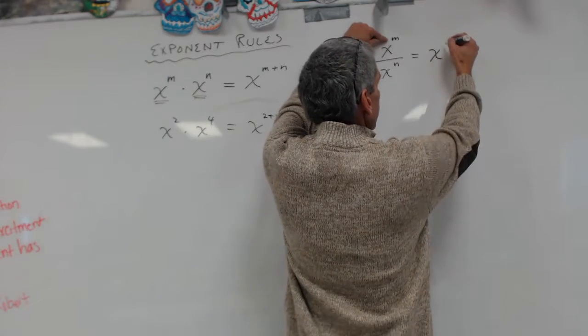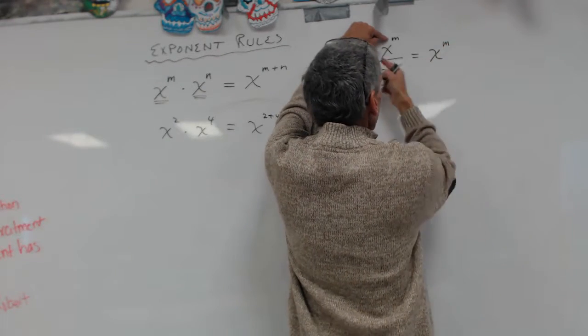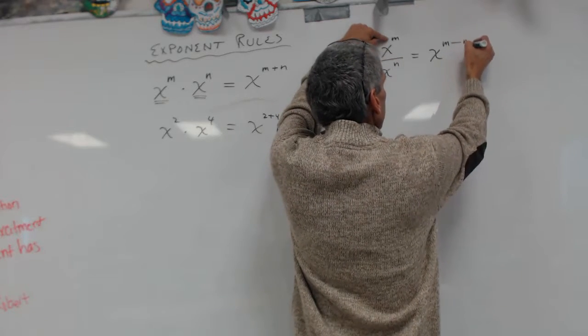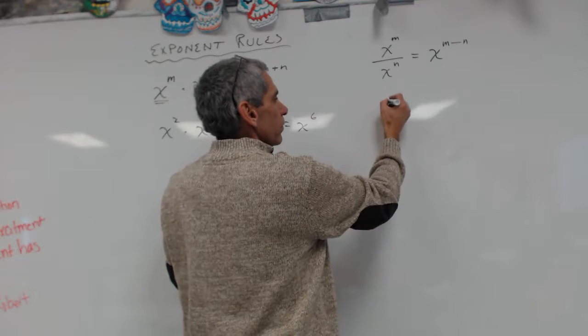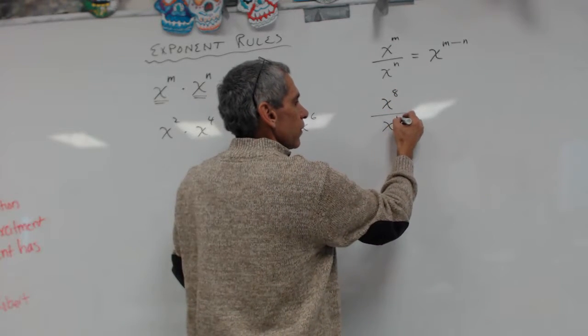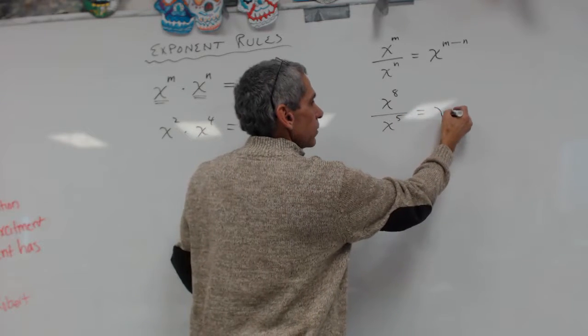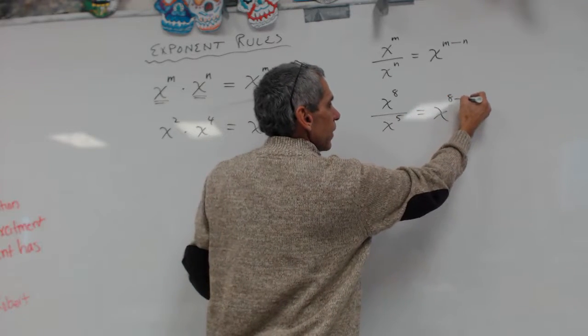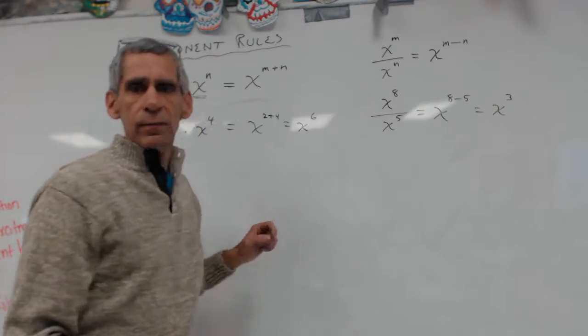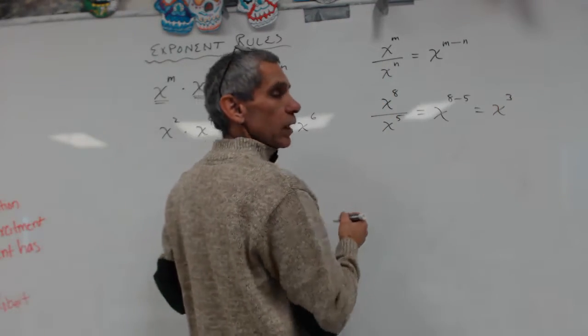So you go top down: m minus n, right? So an example of this would be x to the 8th over x to the 5th is equal to x to the 8 minus 5, which is equal to x to the 3rd. Right? You guys remember all these?